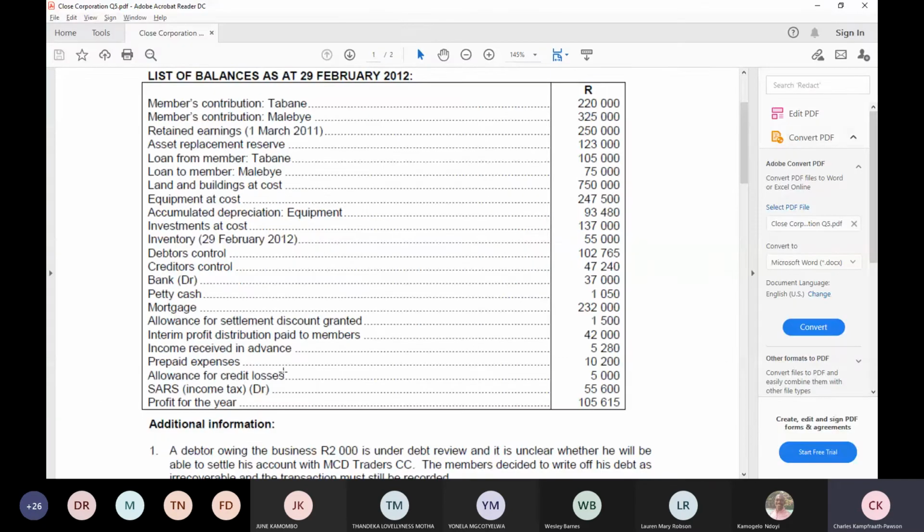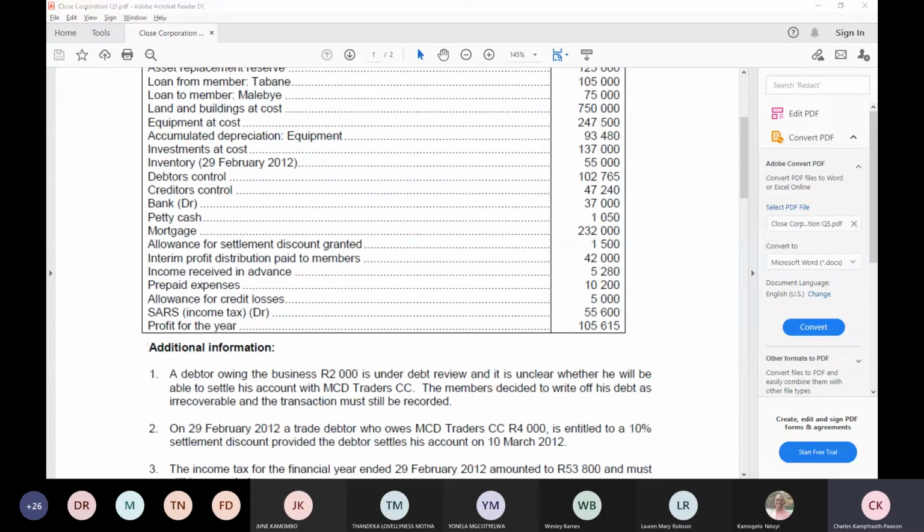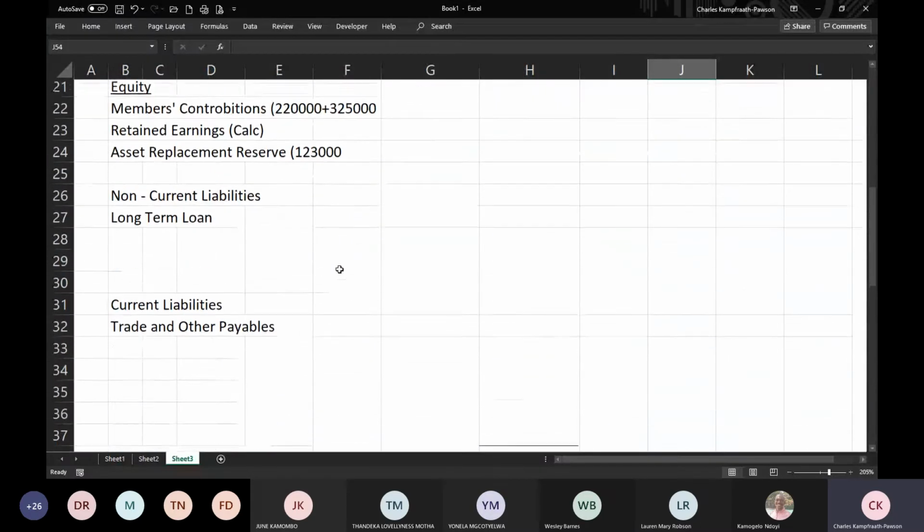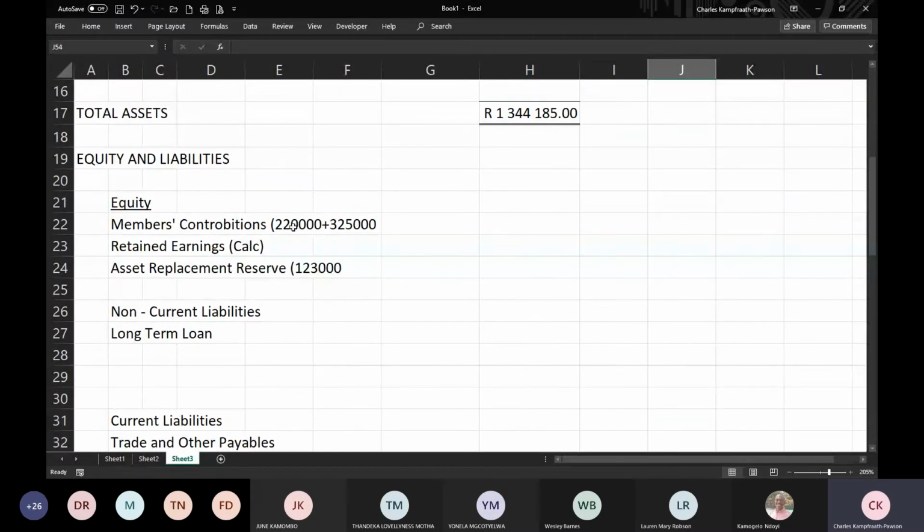Just want to make double sure. Allowance for credit losses, we took into account SARS and profit for the year. Okay, I think we took everything into account in the asset section. So let's look at the members' contributions. Nothing else was said about additional contributions, so we can just take those values as they are given, which is 20.